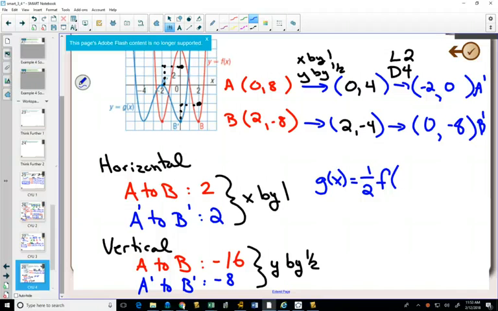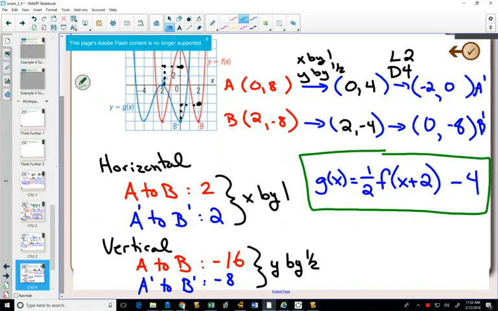I don't have to show the x by 1 because it's not affecting anything. But I am going 2 to the left. That would be inside the function as x plus 2. And 4 down would be outside of the function as minus 4. So here we have our equation in terms of f.